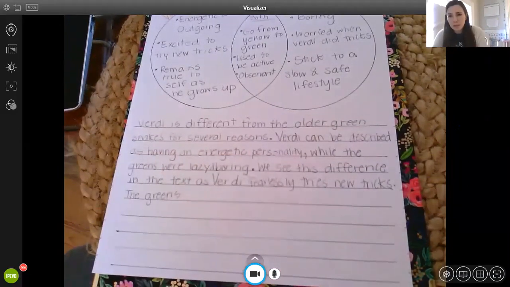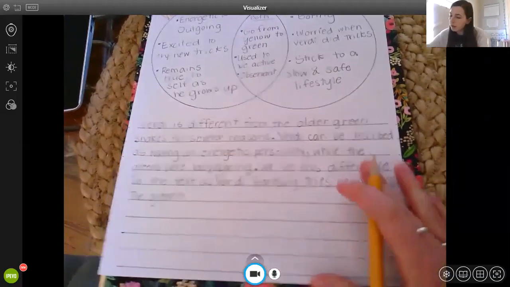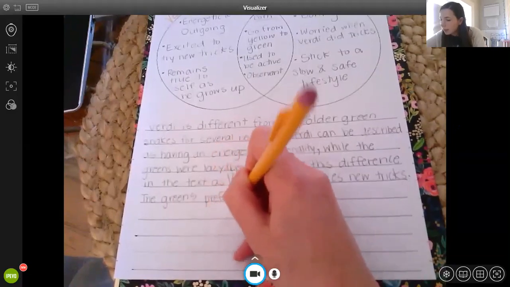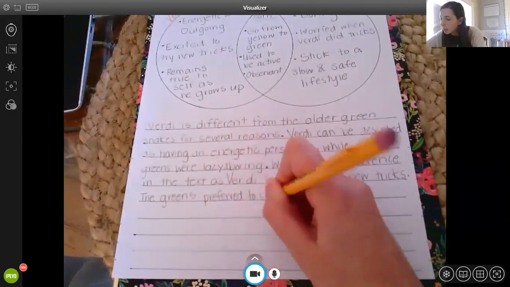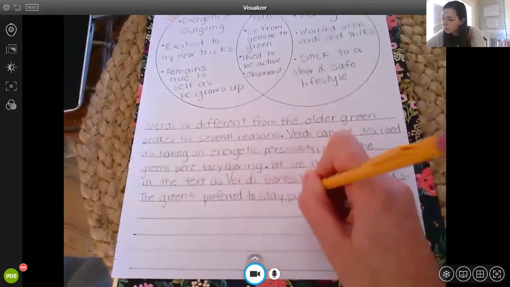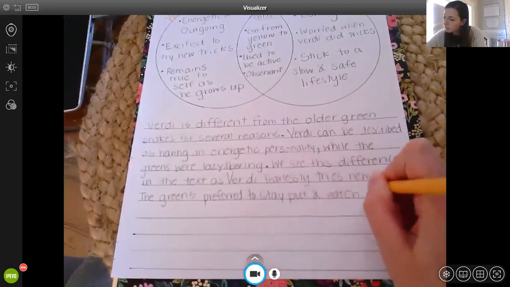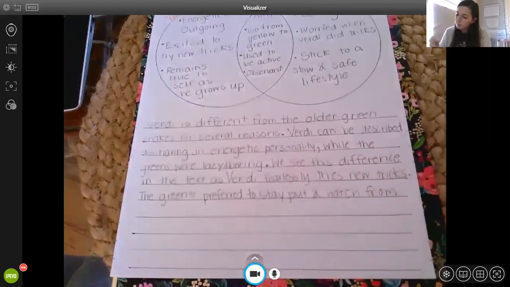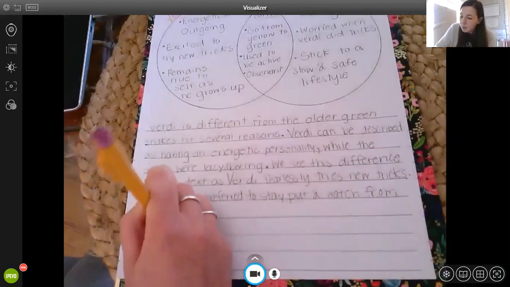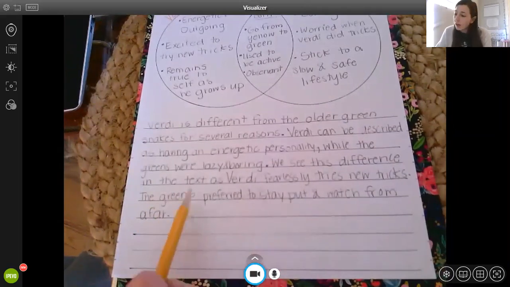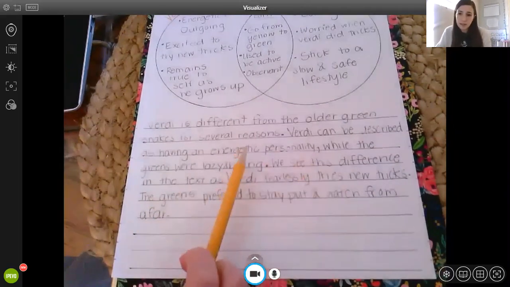They preferred to stay put and watch from afar. The greens preferred to stay put on their branches and watch from afar. Again, that is supporting what we'd said earlier. That is some evidence that supports our fact that we'd mentioned they were lazy and boring.